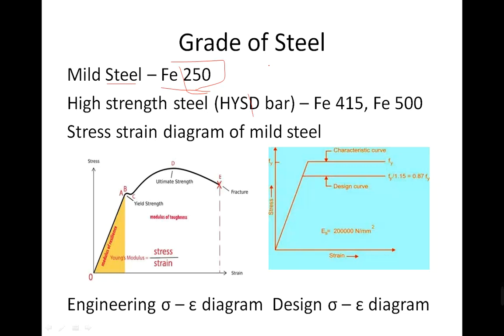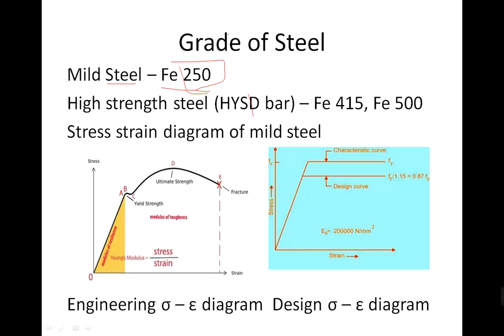Steel has a unique property, which is ductility. So what is ductility? Ductility means it can change its shape without fracture, or it can absorb energy, and when the loads are removed, it comes back to the original length.